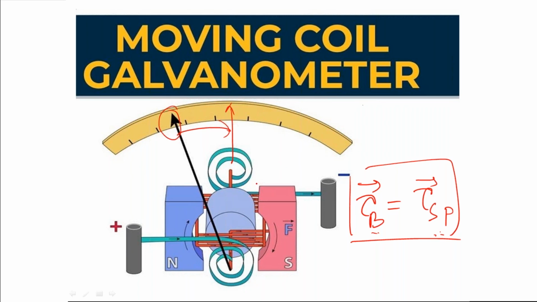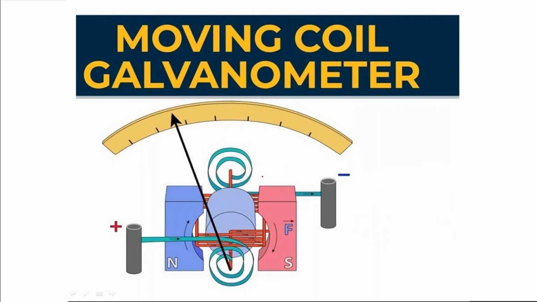Now I'll tell you what is the role of this galvanometer. A galvanometer can be used as an ammeter. Do you know the role of an ammeter? To measure the current in the circuit.